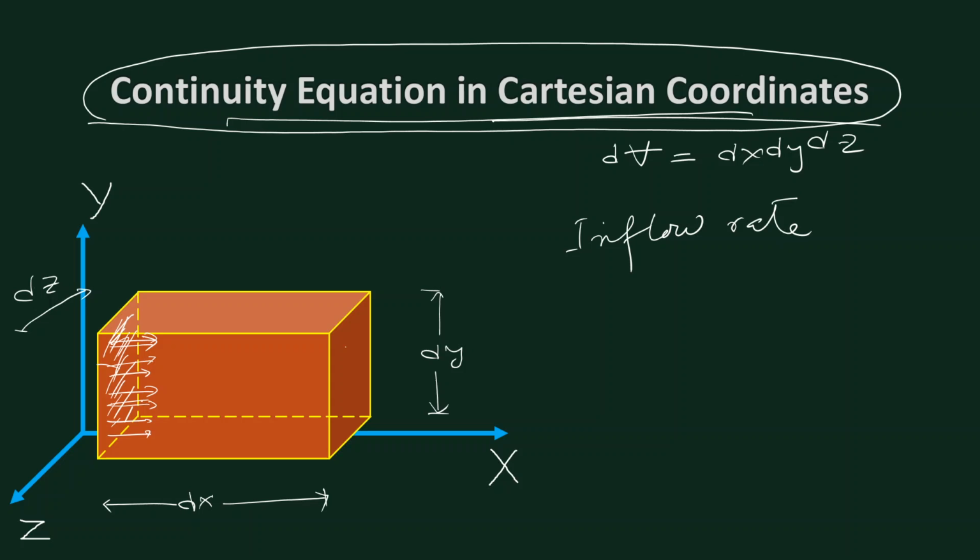That is, the rate at which fluid is entering through this surface is given by velocity multiplied by the area. That gives us volume per unit time, and when we multiply it with the density rho, it will give us mass entering per unit time.